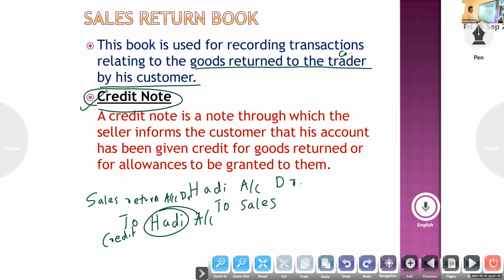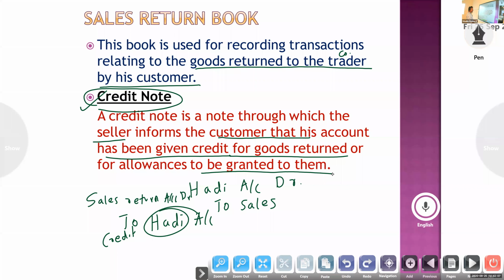In purchase return, that person will be debited. It is a note through which the seller company informs the customer that his account has been credited for the goods returned, or for the allowance to be granted to them.